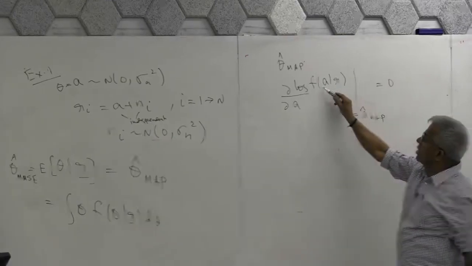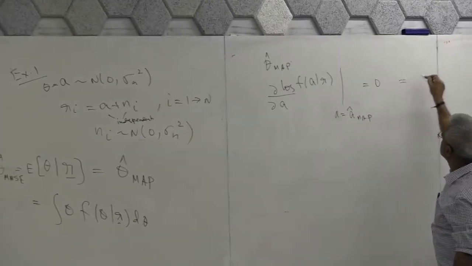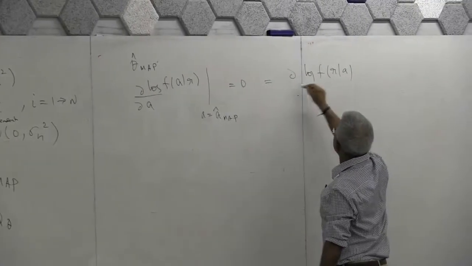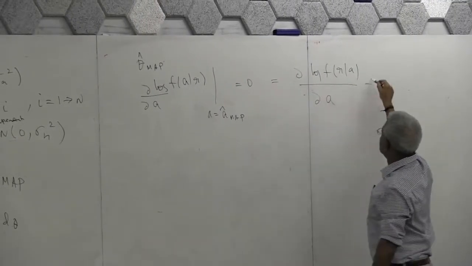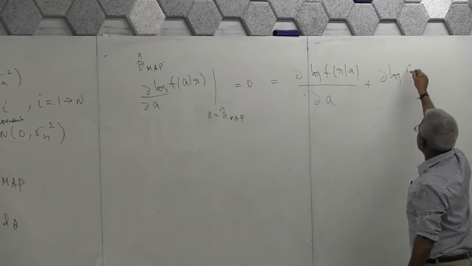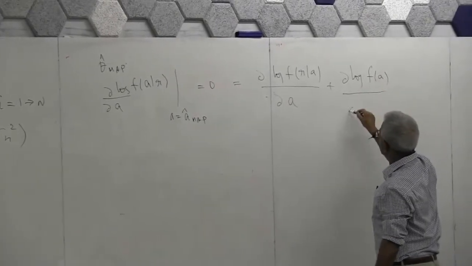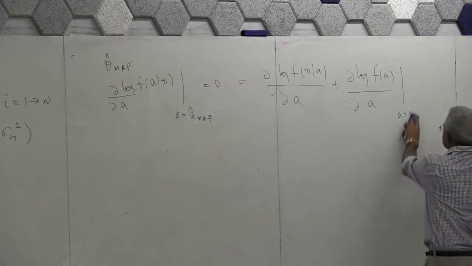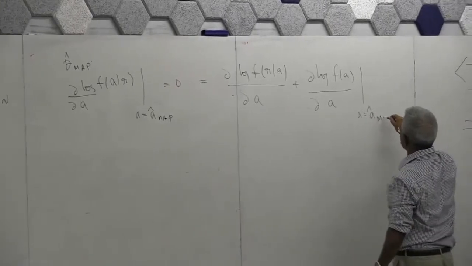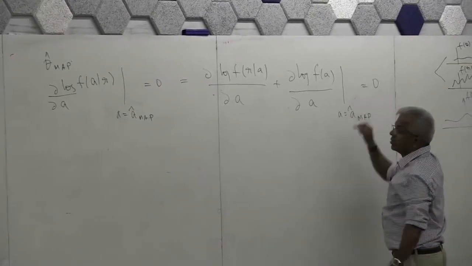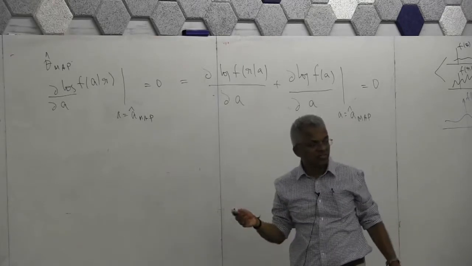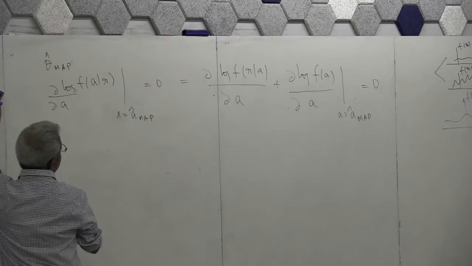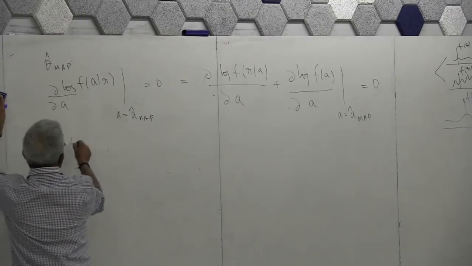But remember, I said A given R, I went through all this, so you can also write it as log of R given A. Any questions? I just wrote the formula which you have earlier.